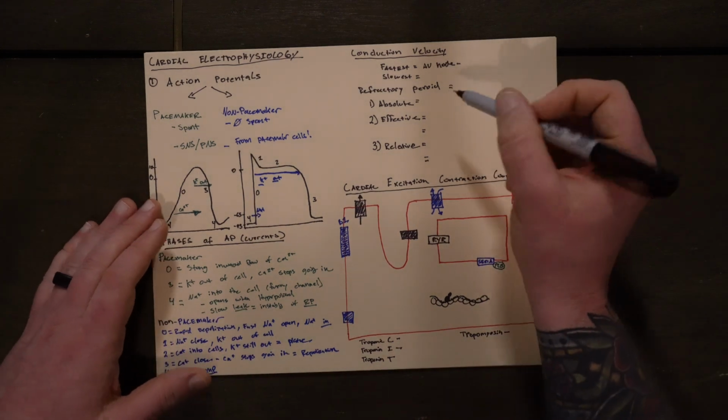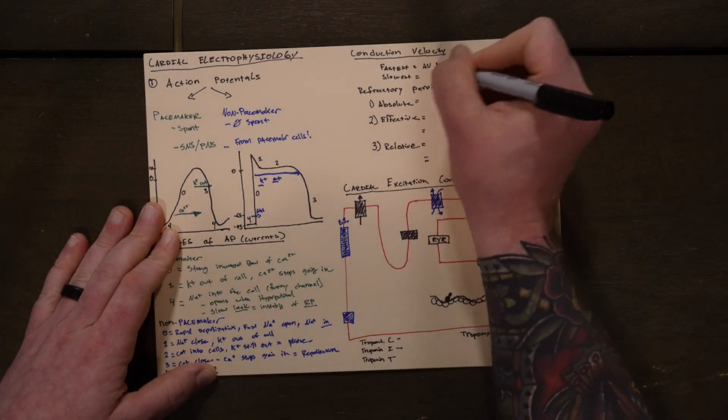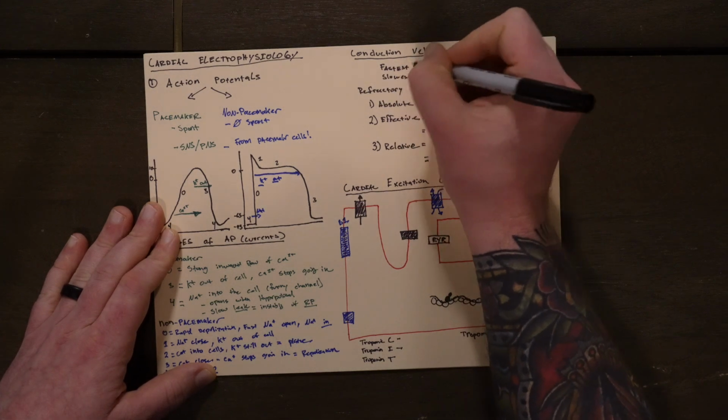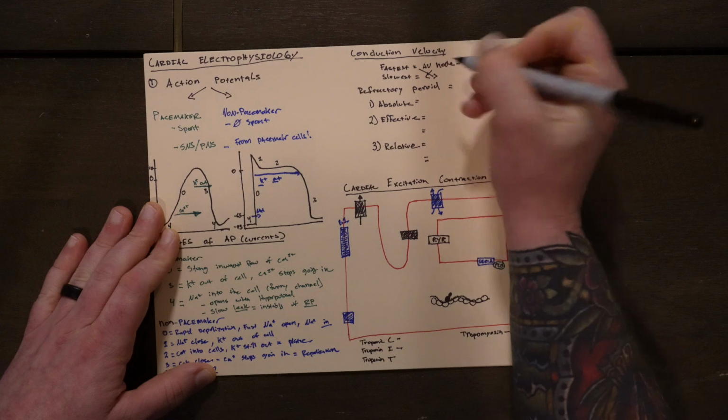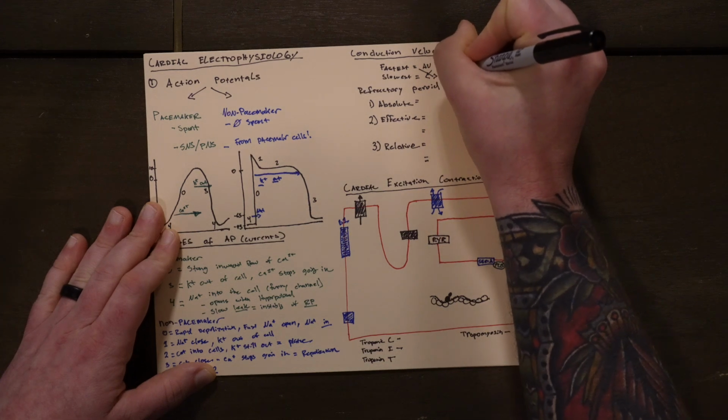So this is the slowest. And the fastest is going to be the Purkinje system.